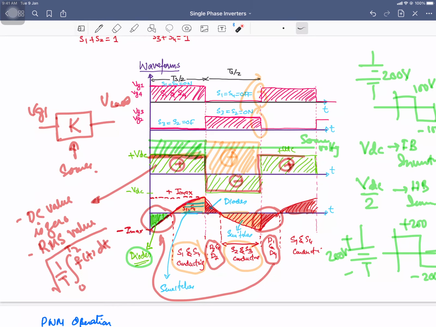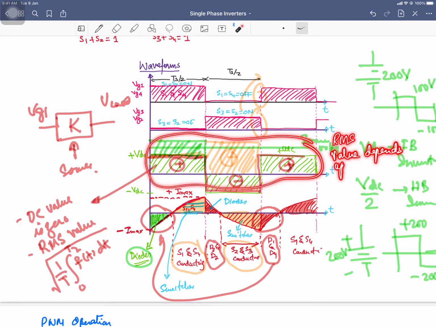So the RMS value basically is dependent on the area under the voltage waveform. Because you are integrating over here, if that area is large, definitely the RMS value will increase, and if you reduce the area covered by this voltage waveform, then the RMS value will decrease. So the RMS value depends upon the area under the curve.